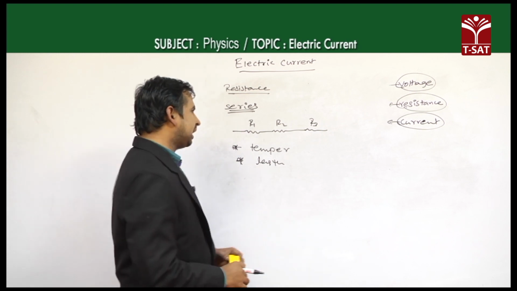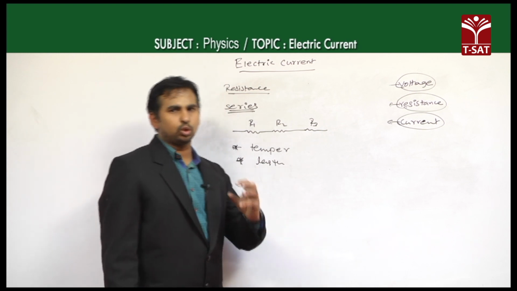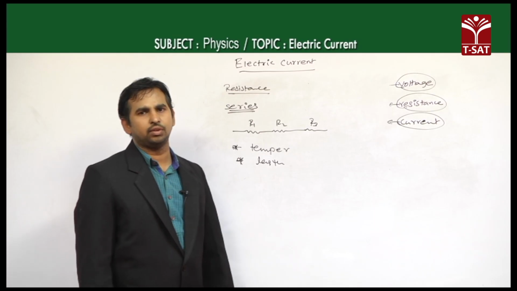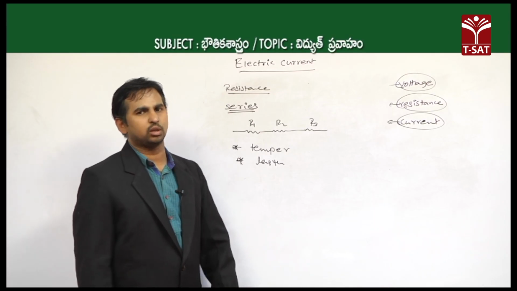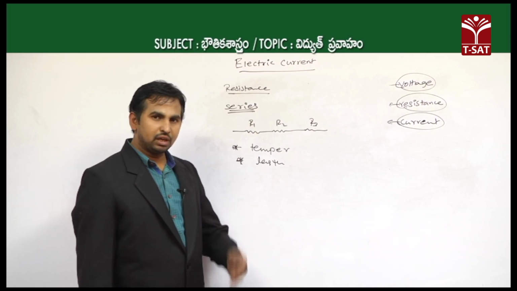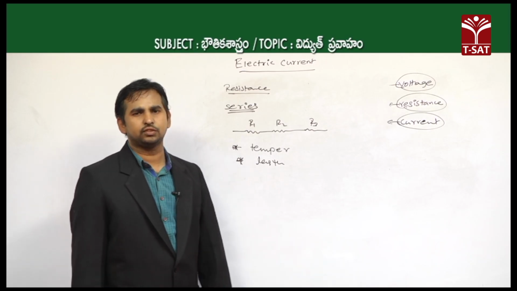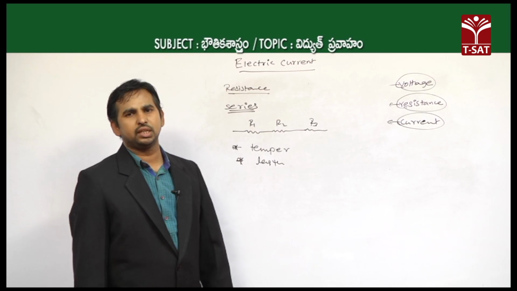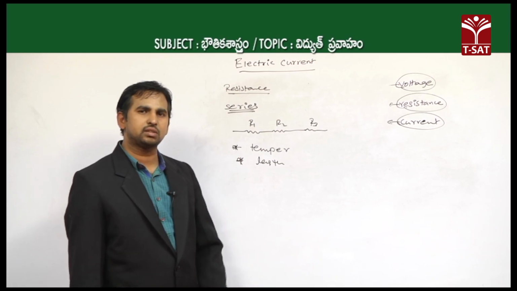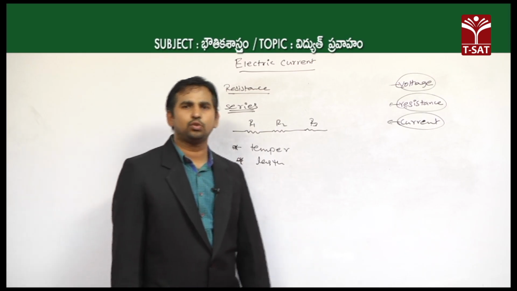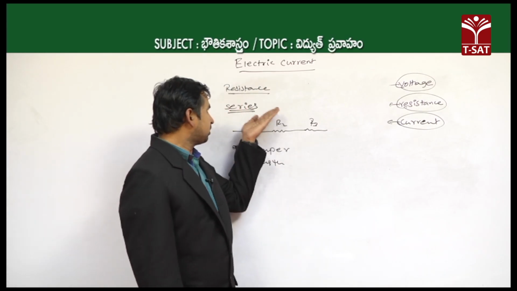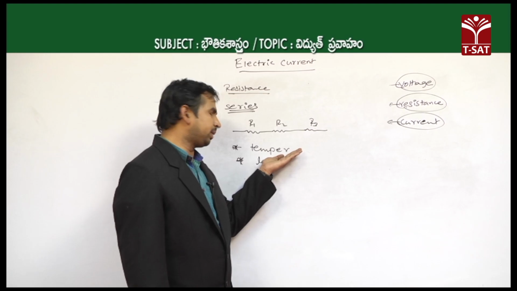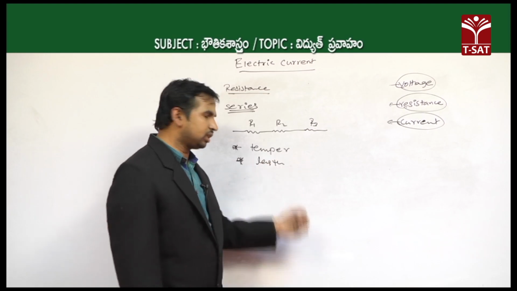On increasing the length, more lattice points are present in the way of the charges, so there are more chances of obstructing the electrons. So when you gradually increase the length, the resistance increases, and the current flowing through it is less. So resistance depends on the temperature and the length.